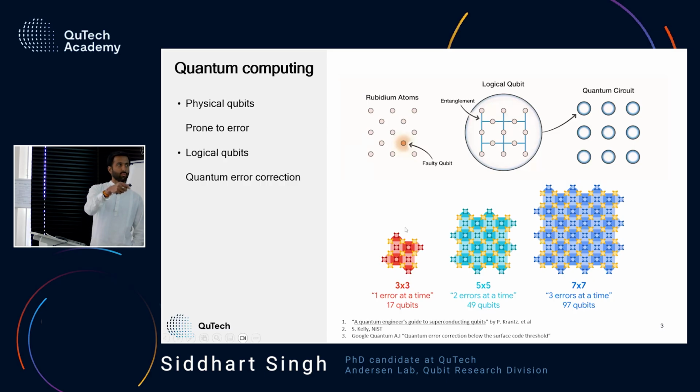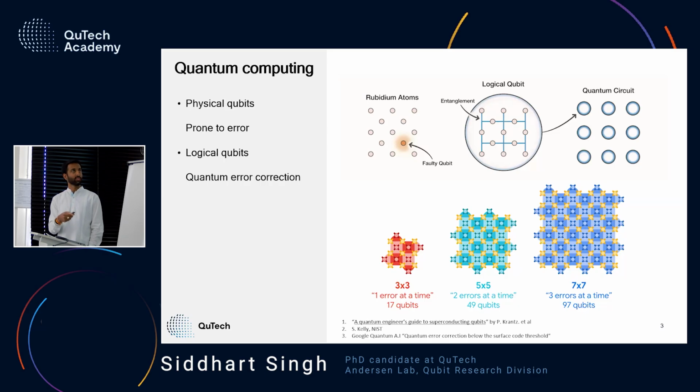So here 3 cross 3 is the number of the yellow points, which are the data qubits, and the red ones are the ancilla qubits, which are there to detect the errors. So this is the idea of quantum error correction.